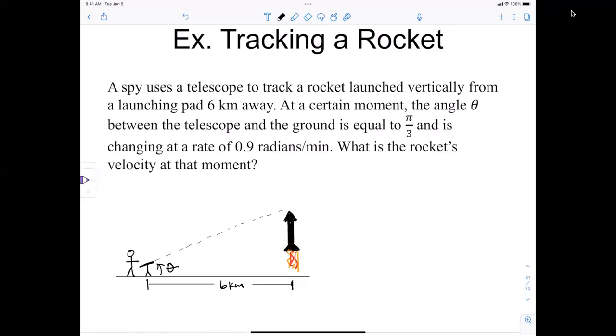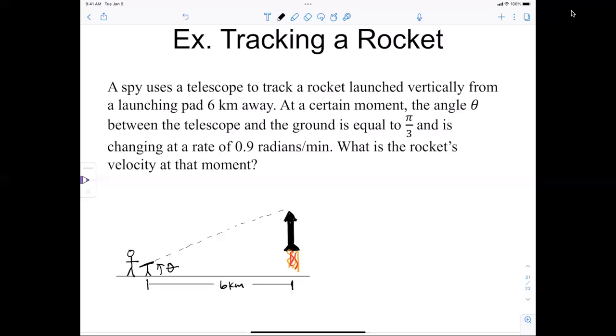Now, theta is just a variable. We often name angles with Greek letters, but it's the same thing as if you wanted to call it angle X or angle Y. It's just a variable that represents a quantity that is changing. There are some other quantities on here that we could think of as changing as time is passing as well.